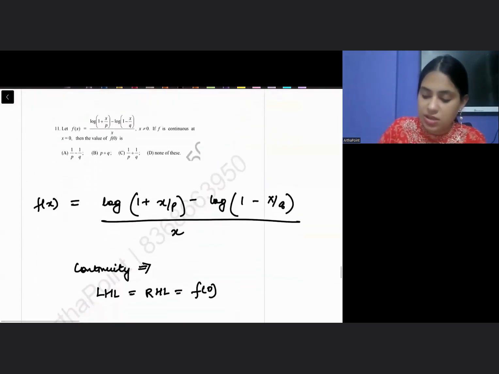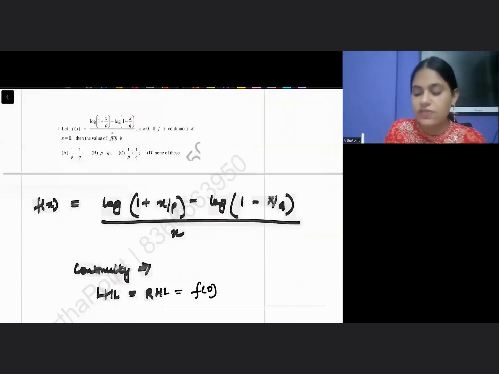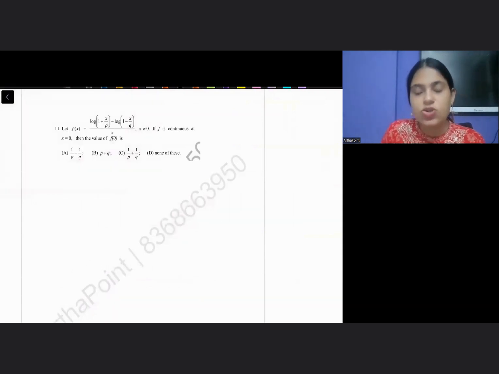So this is very simple. You are given a function and you need to find out the value of the function at 0 if the function is continuous. If the function is continuous, when I approach from the left-hand side or right-hand side, I should be getting the same value of the function.